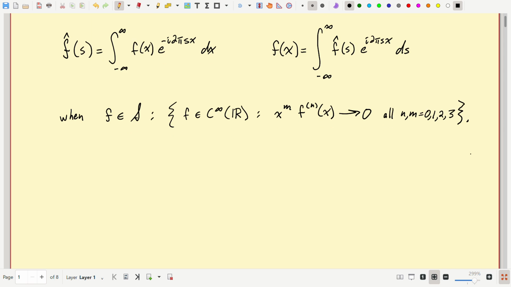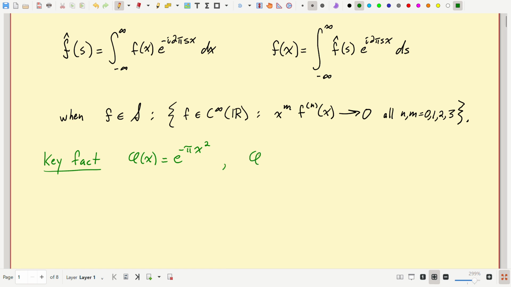So last time I showed you a key fact: if I take the Gaussian bump function, phi of x equals e to the minus pi x squared, then phi hat is itself.